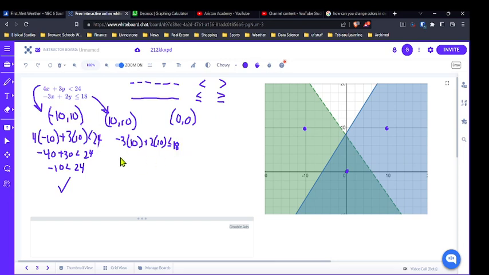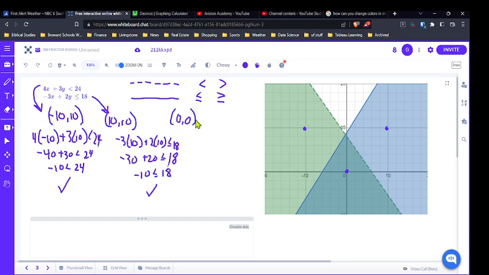All right, so doing the math, minus 30 plus 20 has to be less than or equal to 18. So this becomes minus 10 is less than or equal to 18, and that checks out. Brilliant. So far, so good.